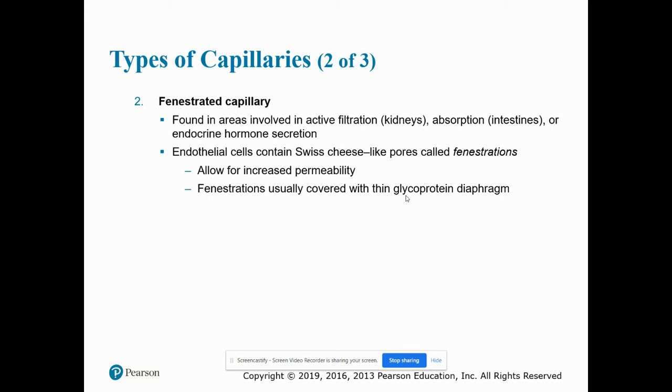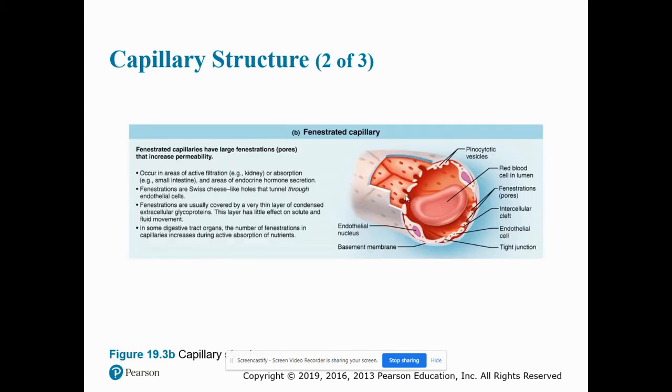The fenestrations are usually covered with a thin glycoprotein diaphragm, but that plays very little role in what goes in and out. We still have the intercellular clefts, but we have these larger pores, these fenestrations here and here.